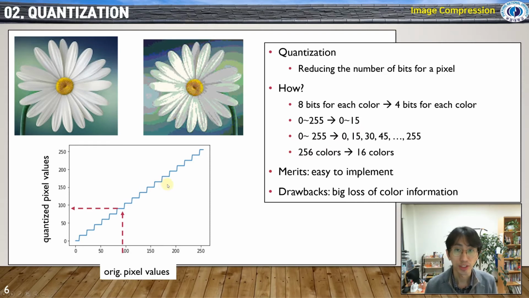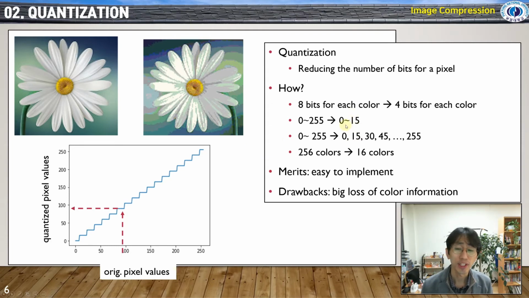Okay, something strange, isn't it? I told you that it is only from 0 to 15, but I say here you can express the 92 to 90. It is just to explain.